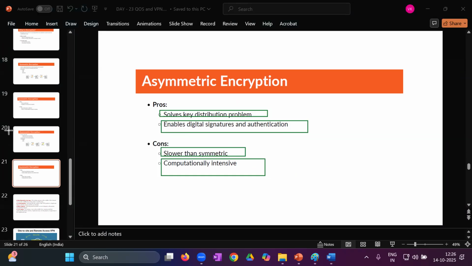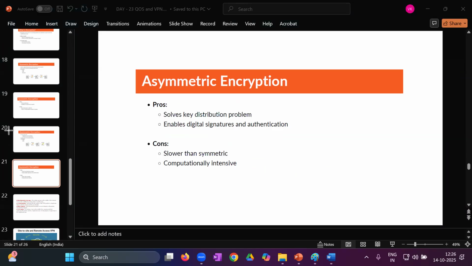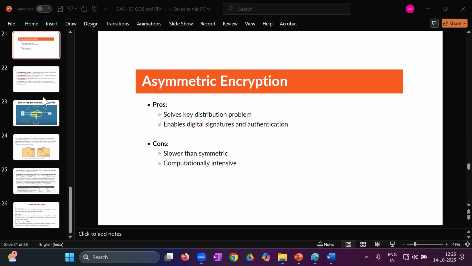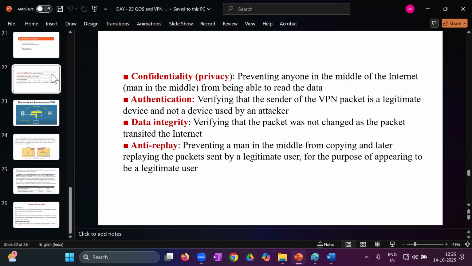So they both have their own advantages and disadvantages, right? Nowadays we mostly prefer asymmetric encryption. This is all the advantage it is showing you for the VPN. Confidentiality.